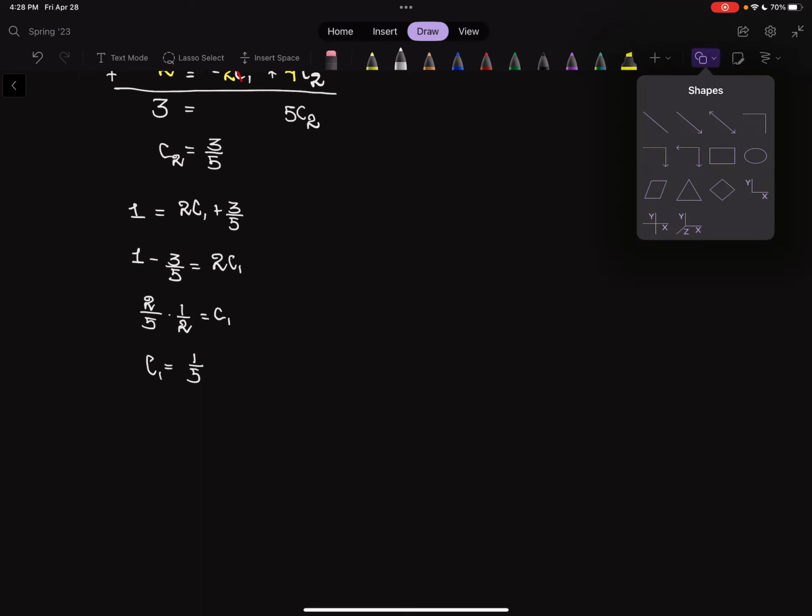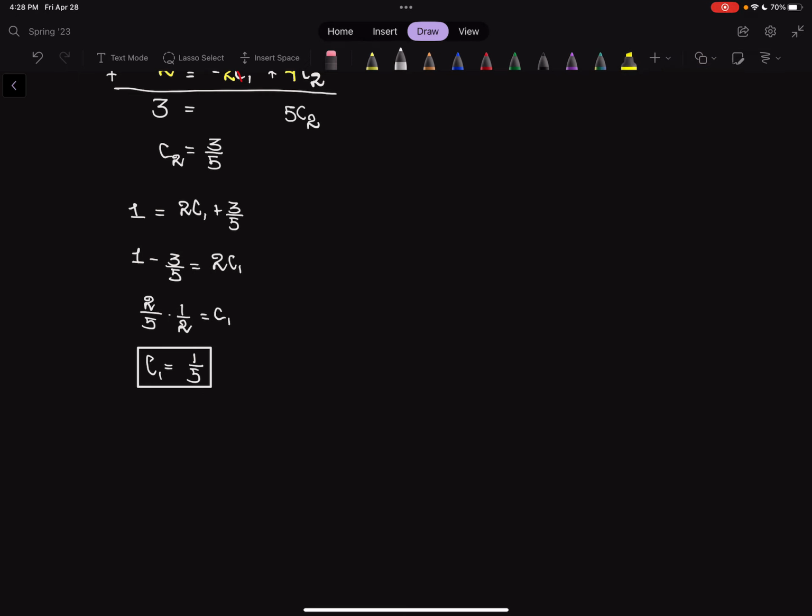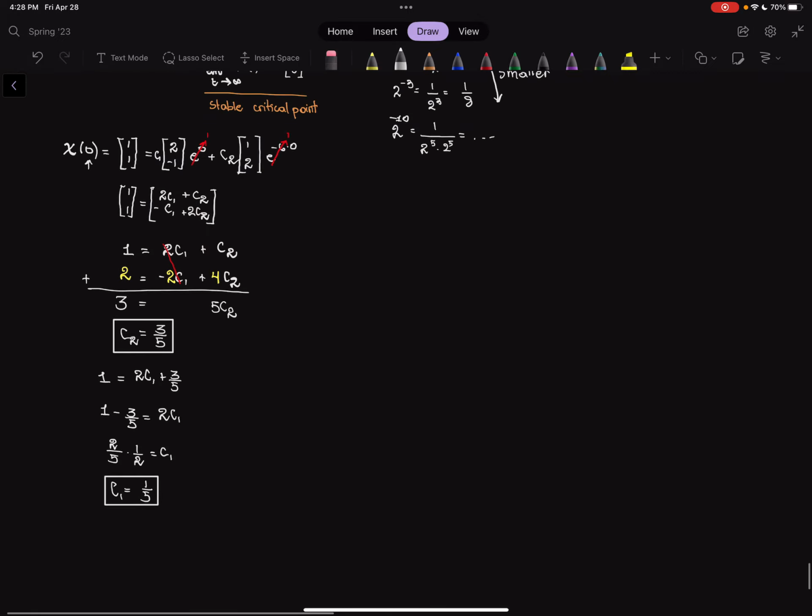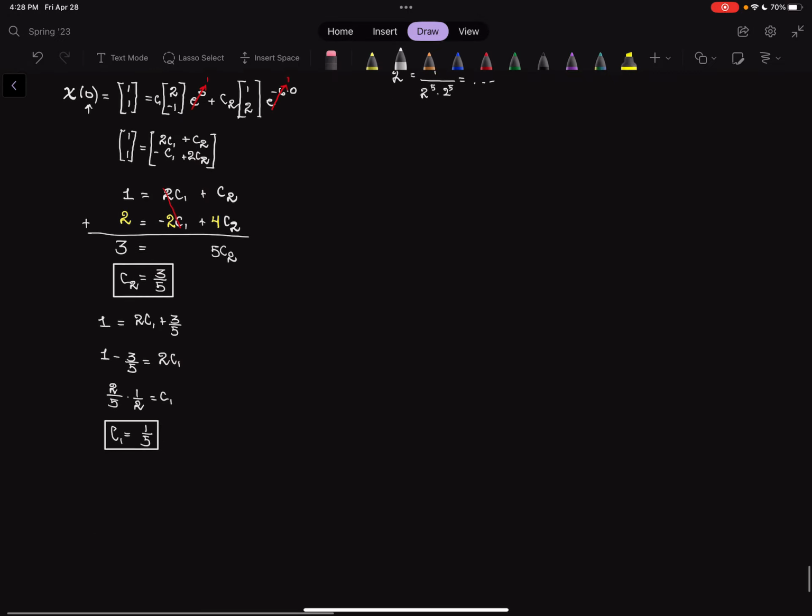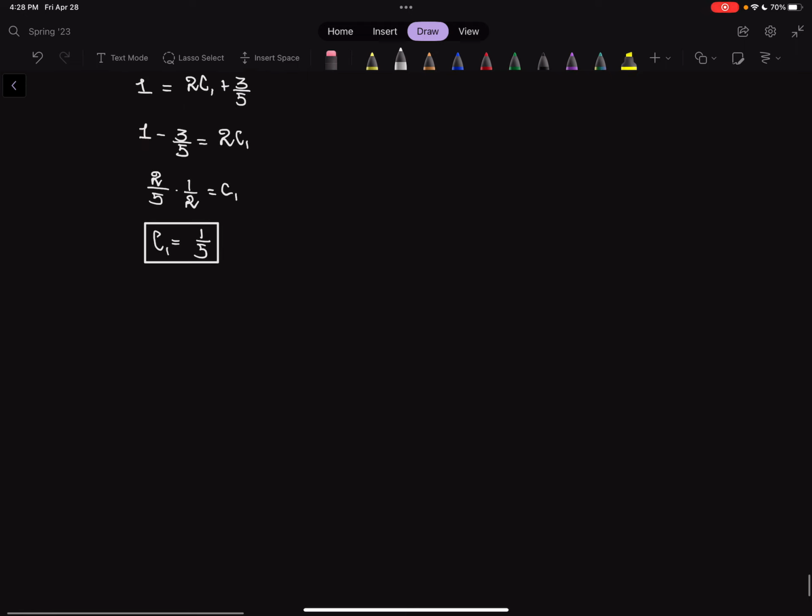And so these are our two constants that we need to put into the graphing utility. So what are we going to tell the graphing utility?